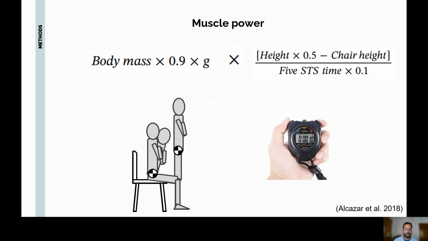Now this slide is very important for us because it's the main outcome of our study, how we measured muscle power. So I want you to really focus on this slide. We measured muscle power through a very simple test, the 5 repetition sit to stand muscle power test that we validated in 2018.